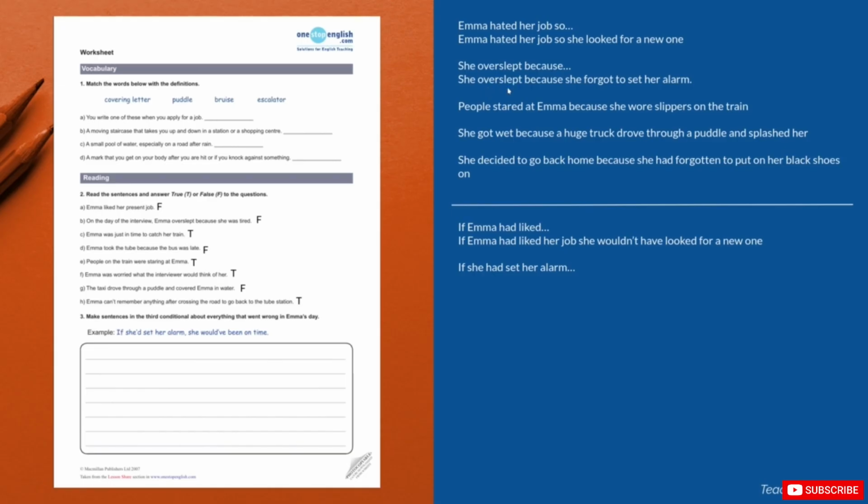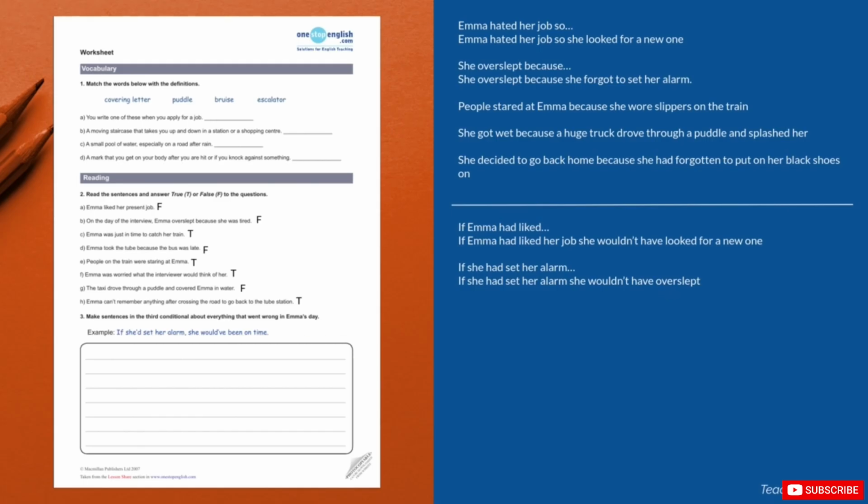If she had set her alarm, she wouldn't have... And help the student to complete this sentence. And here we can just drill the structure a little bit more. If Emma had liked her job, she wouldn't have looked for a new one. If she had set her alarm, she wouldn't have overslept.